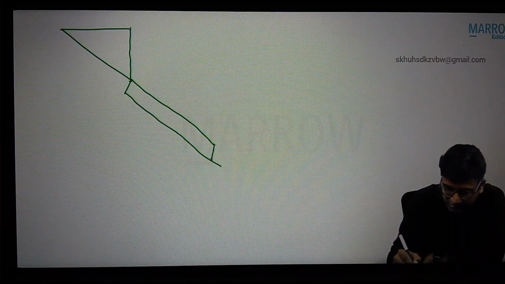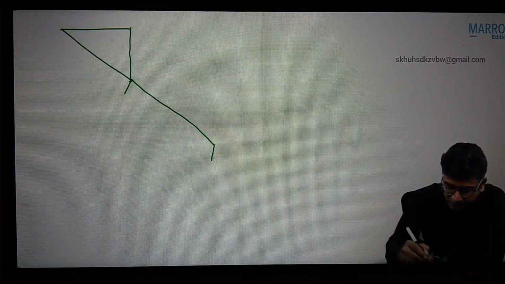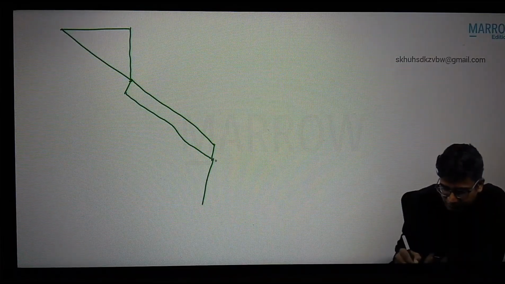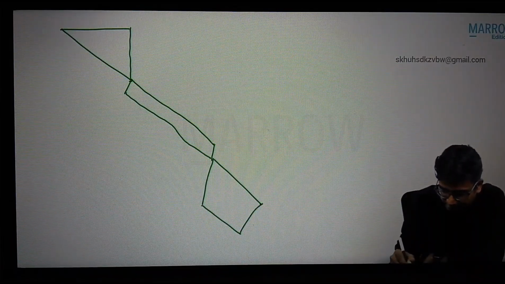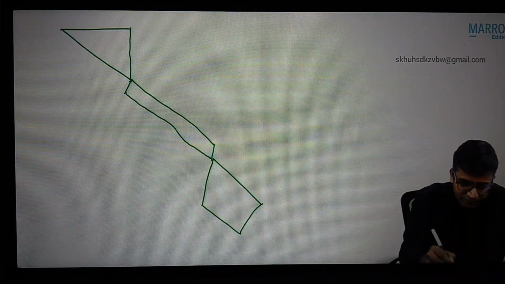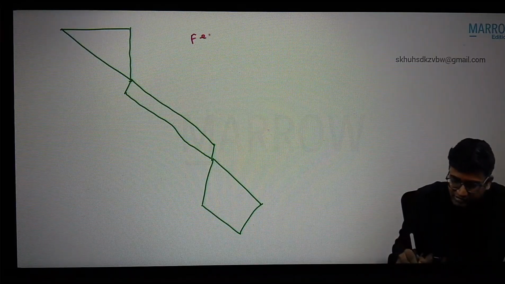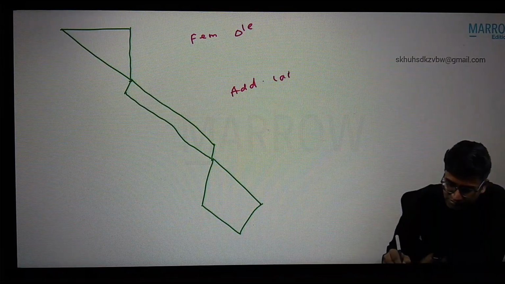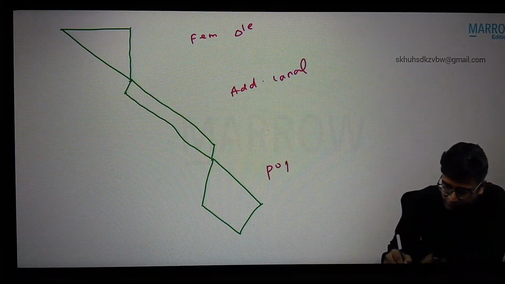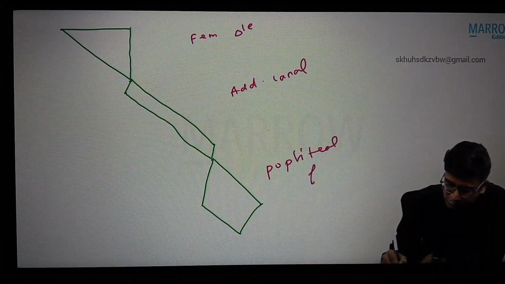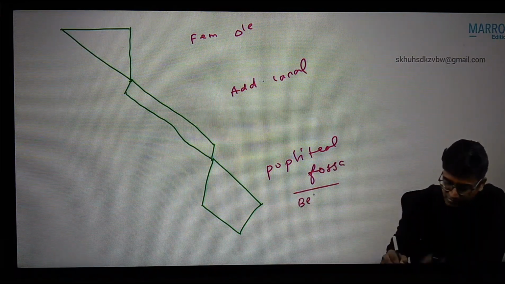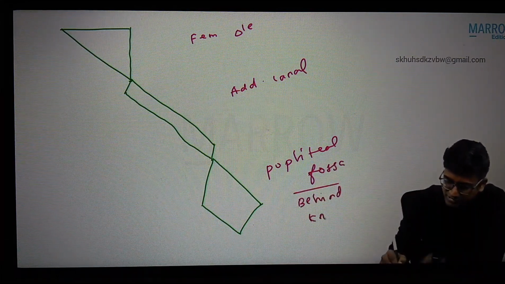Below the adductor canal, this is our popliteal fossa. So this is our femoral triangle, this is the adductor canal, and this is the popliteal fossa. The popliteal fossa is a diamond shaped fossa behind the knee joint.